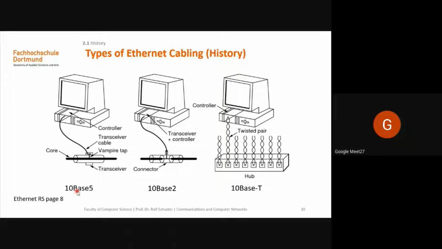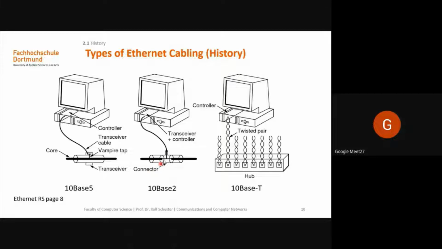We talk about 10Base5 when we talk about the thick cable: 10 for 10 megabits per second, Base because the technology uses the baseband of the cable, and 5 because the maximum length of a segment is 500 meters.